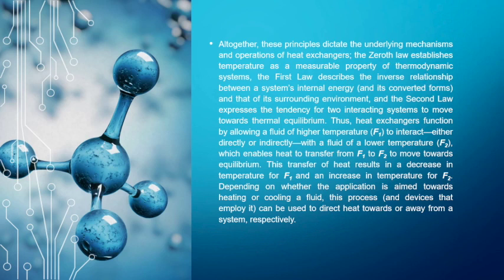This transfer of heat results in a decrease in temperature for F1 and an increase in temperature for F2, depending on whether the application is aimed towards heating or cooling a fluid. This process can be used to direct heat towards or away from a system respectively.